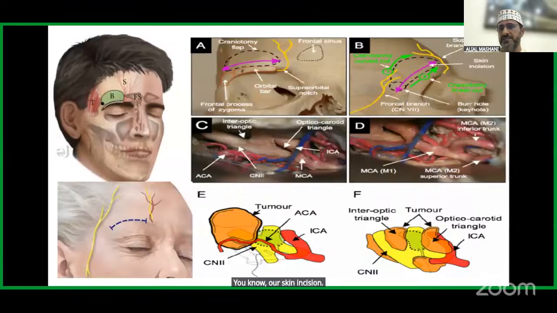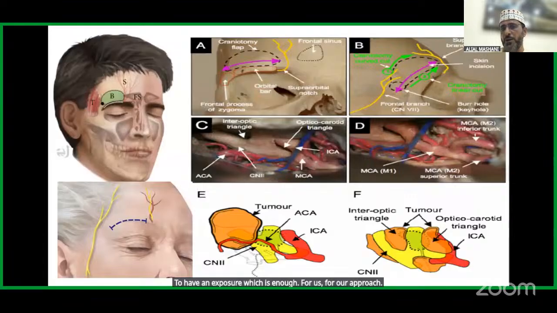Then after we do the skin incision, we retract the skin superiorly and downward to have an exposure which is enough for our approach.